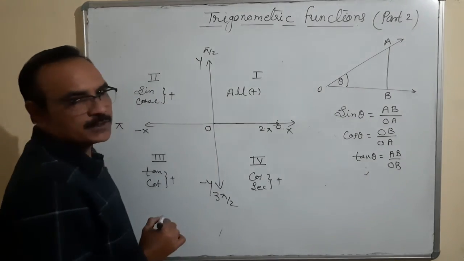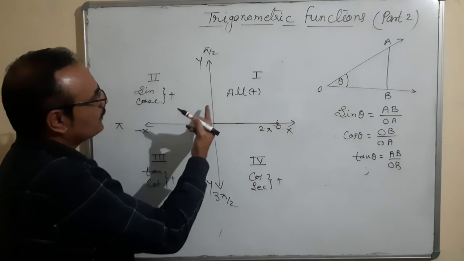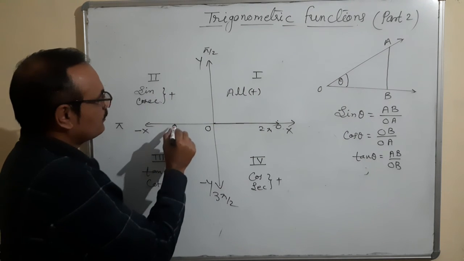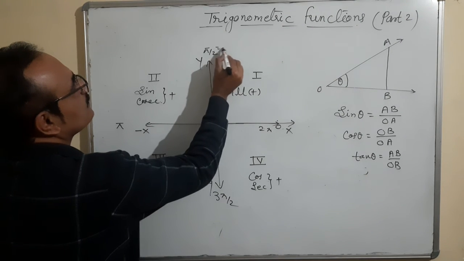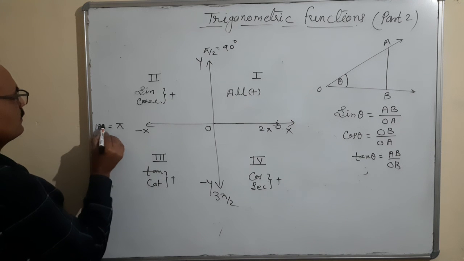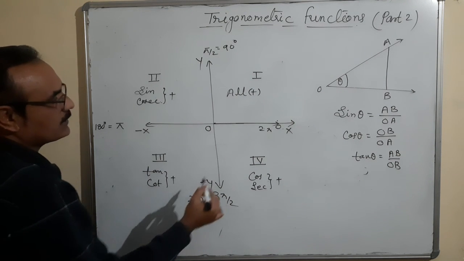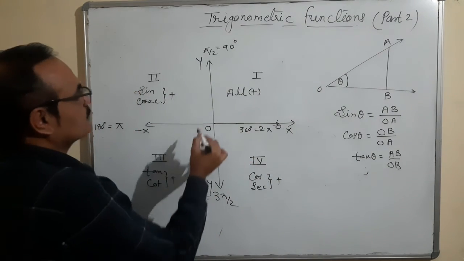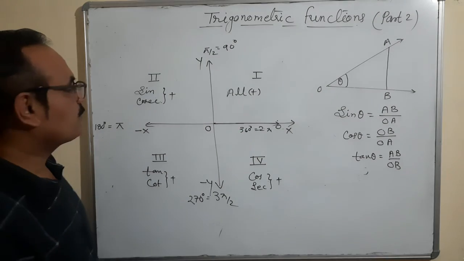So what happens now? 0 to 90, that is 0 to pi by 2, all positive. Pi by 2 to pi, sine and cosec positive. Pi to 3 pi by 2. I am writing here also 90 degree, 180 degree, 270 degree, and 360 degree. Okay. So we will change the term in the form of 180.